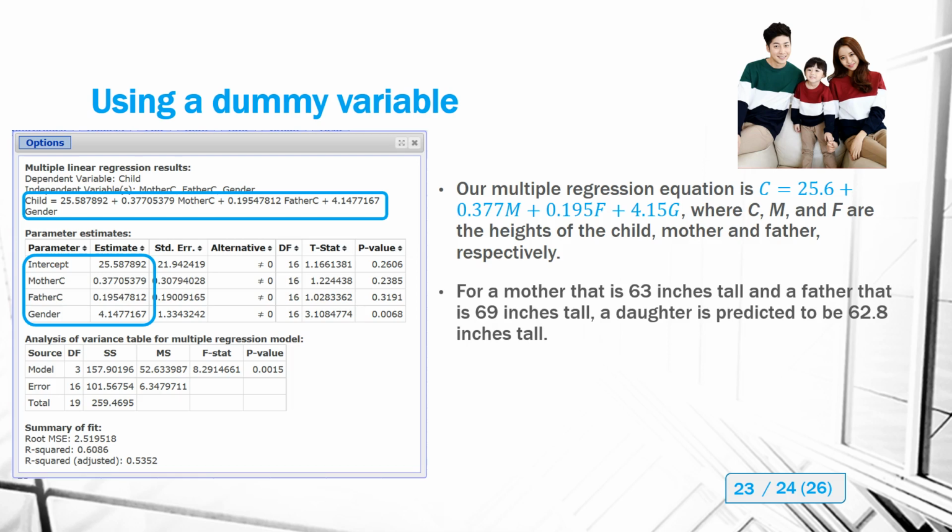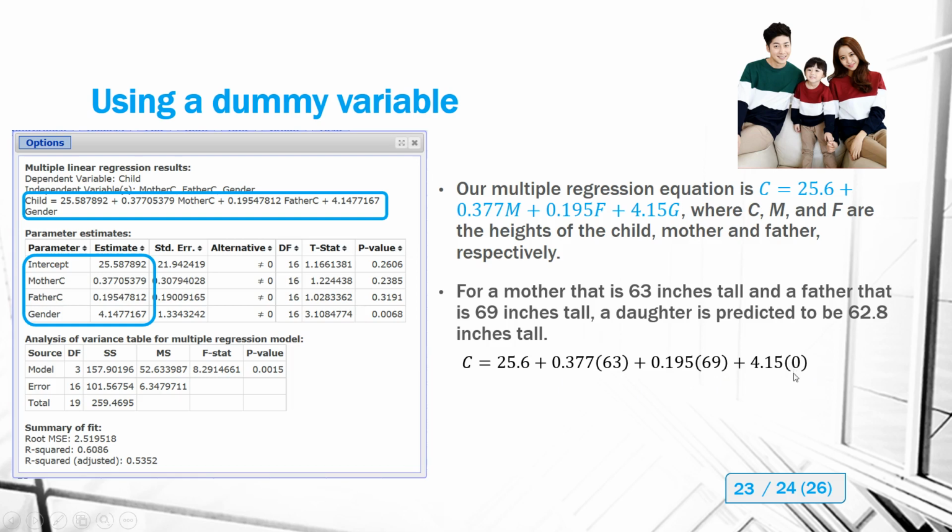If we have a mother that's 63 inches tall and a father that's 69 inches tall, then the daughter is going to be 62.8 inches tall. How do we figure that? Here's our regression equation with the values put in. Remember that the height of the father was given as 69 and the height of the mother was given as 63, so those values naturally come in here.